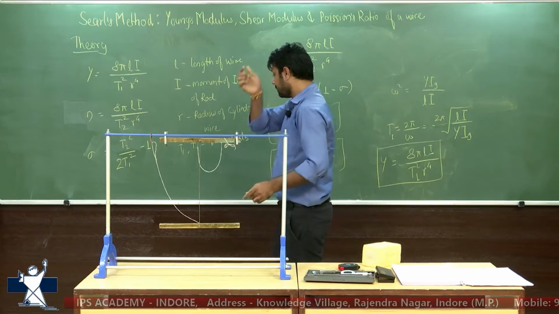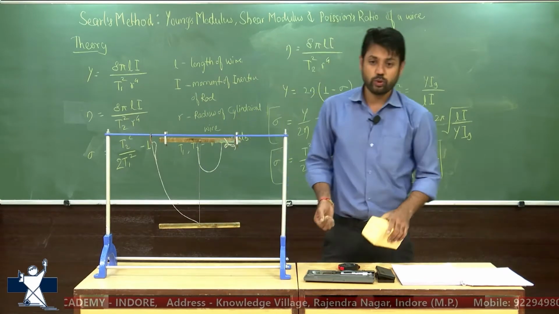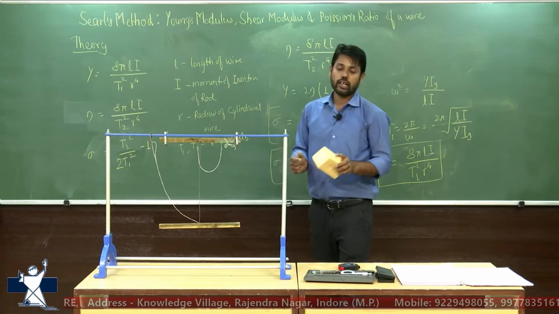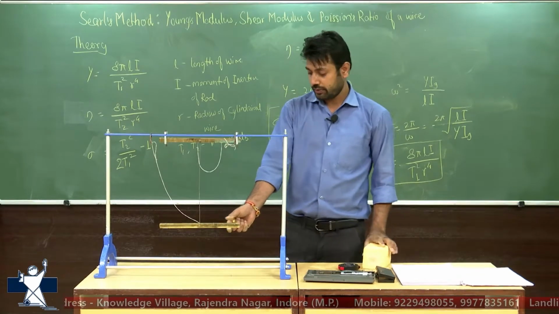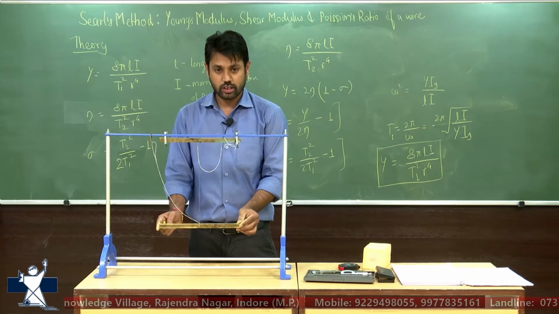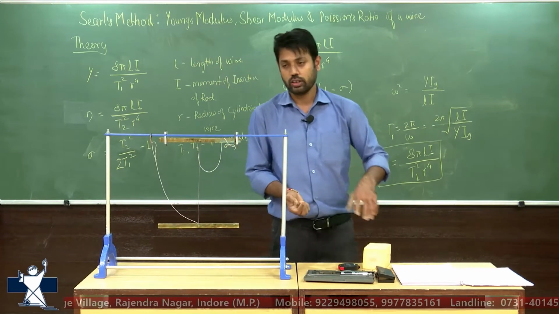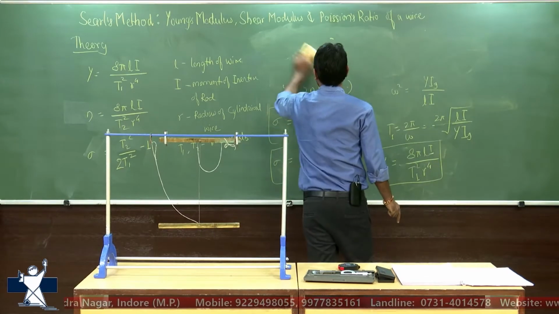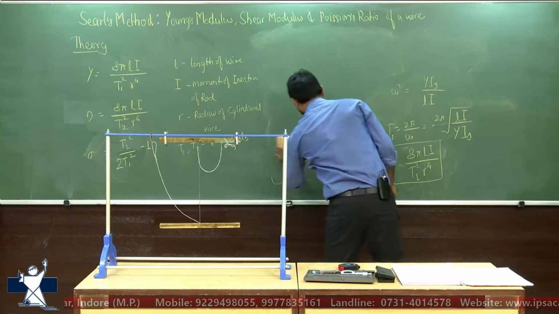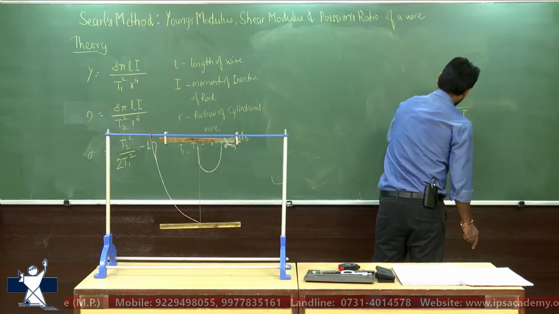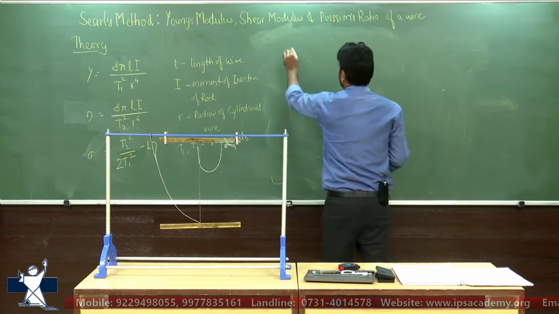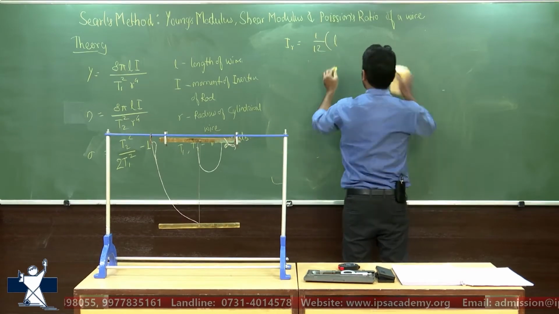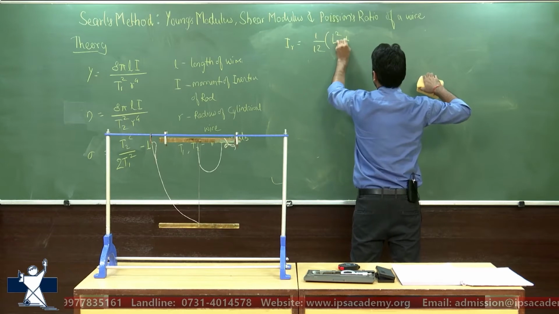Okay. So one more detail that you need to consider is what kind of rod we are using. So here we have a cuboid shaped rod. So basically it's a rectangular rod. In this case the moment of inertia for a rectangular rod can be given as I rod equals 1 by 12 (L square plus the width square).